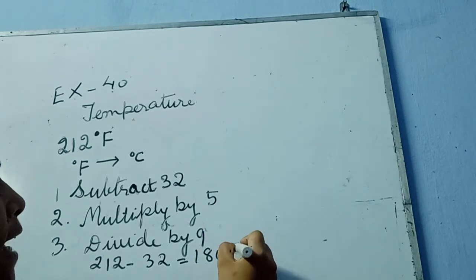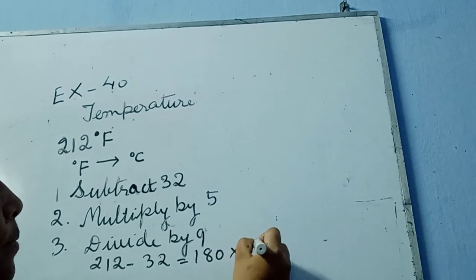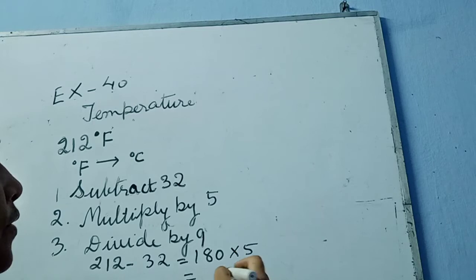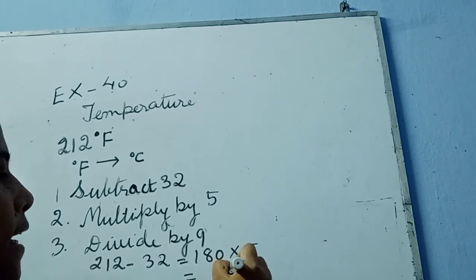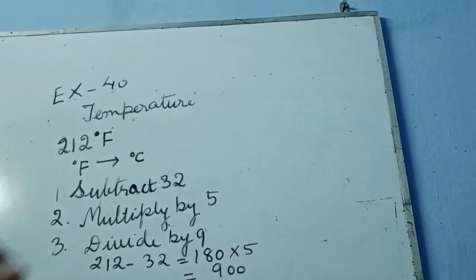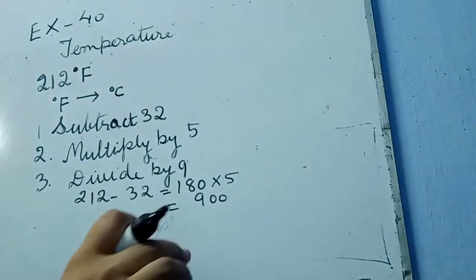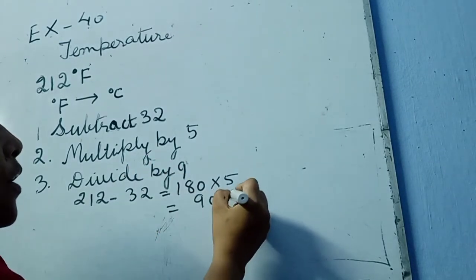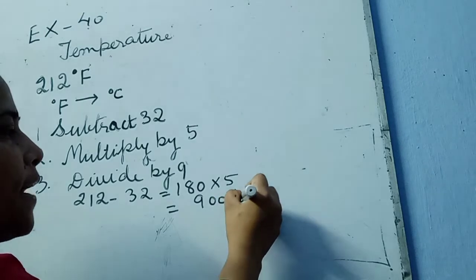We will multiply this by 5. When we multiply 180 by 5, you are going to get 900. Now after multiplying, the third step is divide by 9. So this 900 we will divide by 9.